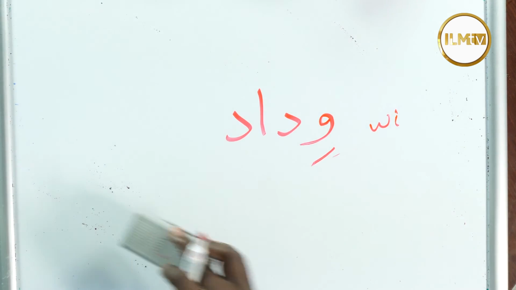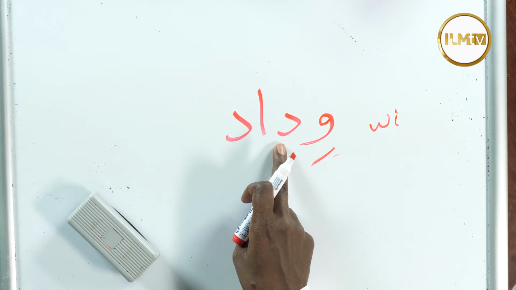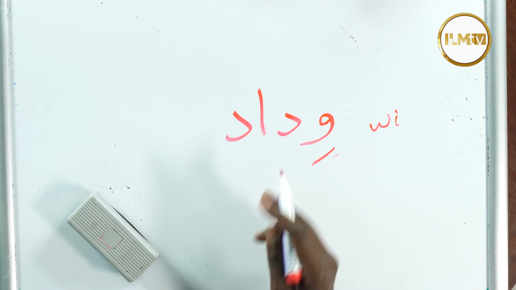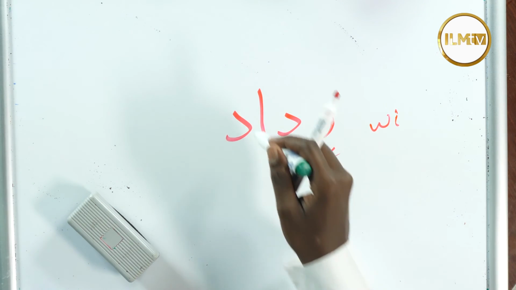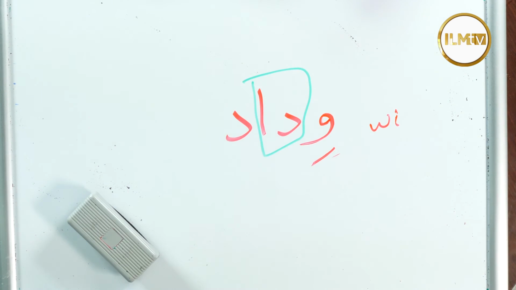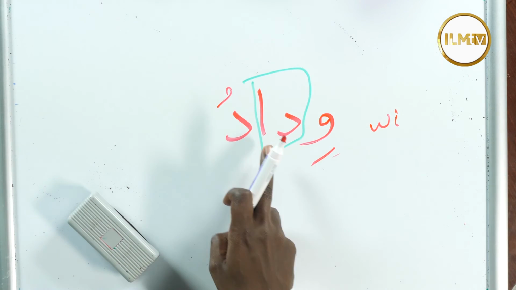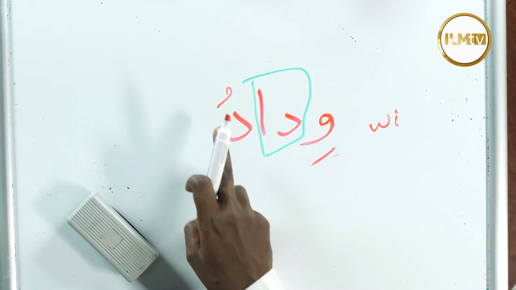And this is dal and alif. How do you read these two together? That is da. So it is we da. And another D, we da do. Widadu.